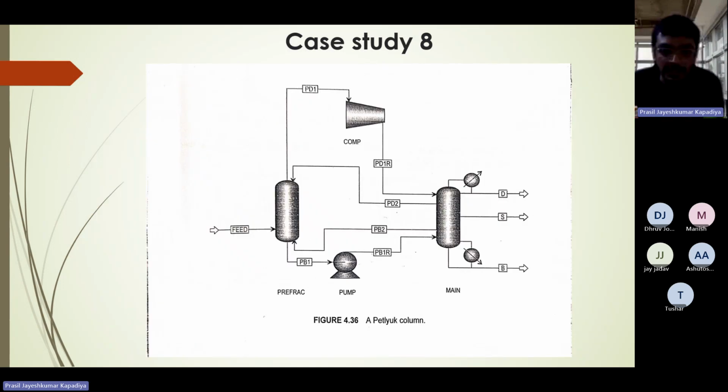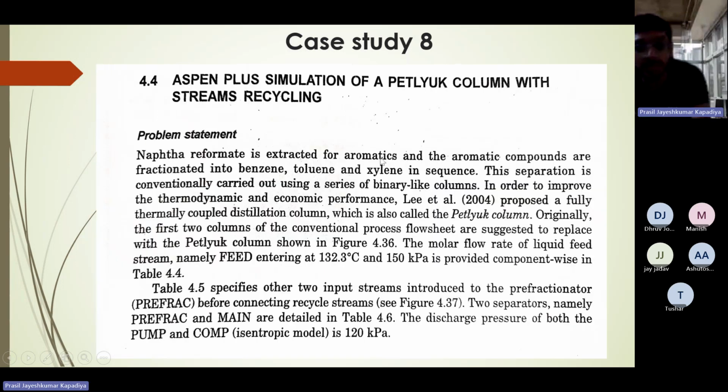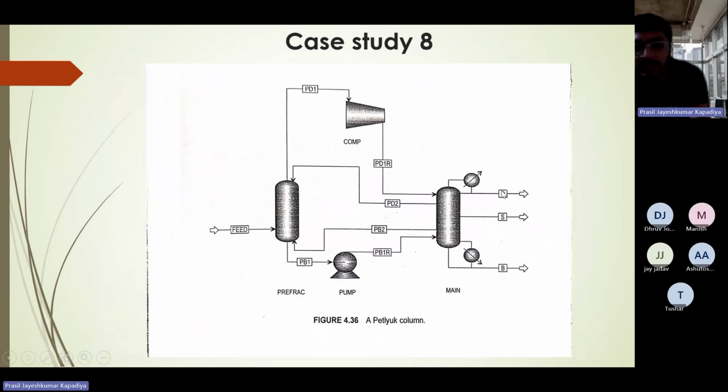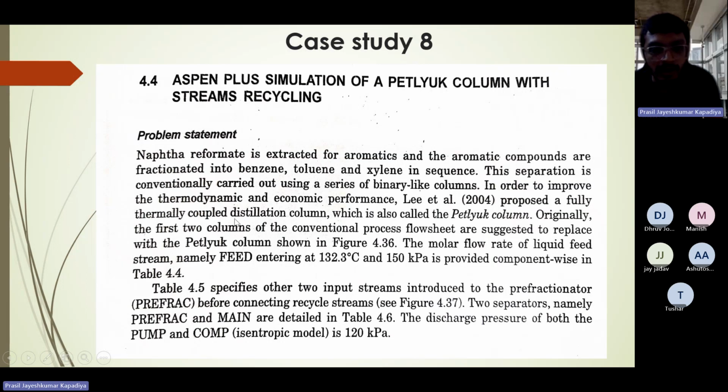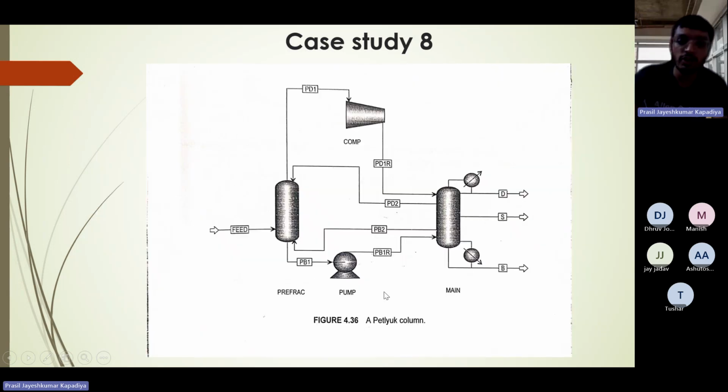Instead of two columns, we can use one thermally coupled distillation column, and we are going to simulate this part.